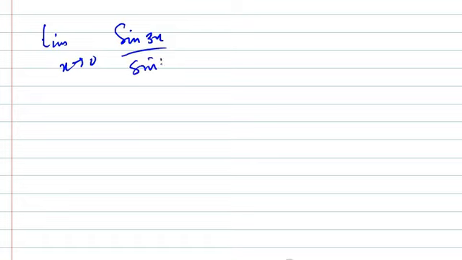We are to find the limit as x goes to 0 of sine of 3x all over sine of 4x. If we substitute here, we are not going to have an appropriate answer, so we have to apply L'Hospital's rule.